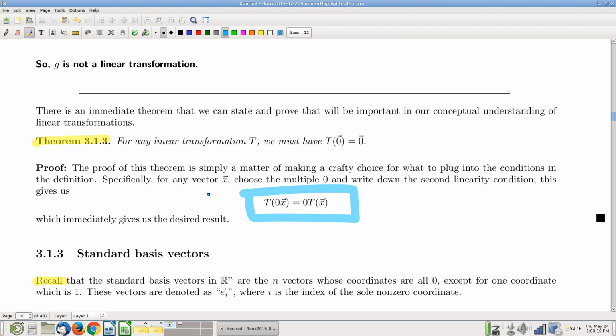Scalar multiples factor out. Let's just let that scalar multiple be 0. Free country. Right? T of 0x has to be 0 times t of x. That's just an immediate consequence of linearity. And notice, of course, that means that we get t of 0 on the left, and we get 0 on the right. Could not be slicker. Yeah? Everybody good?